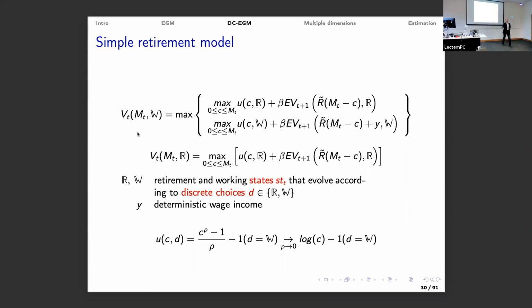If you're working, you're getting some punishment in utility terms, but instead you're getting some salary, some wage over here. You can see here the timing assumption that the wage comes next period. It's not really that important. So that's the modification of the problem. And both, of course, worker and retiree, choose optimal consumption.